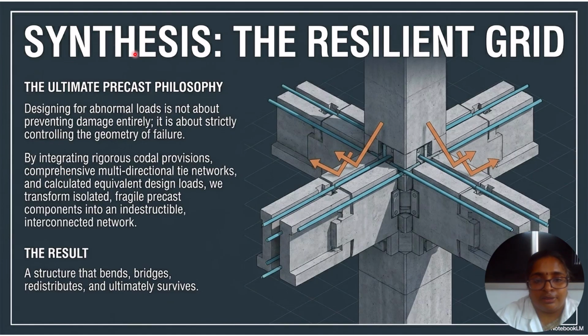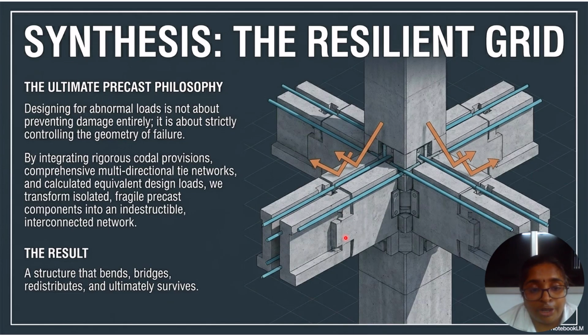And the resilience grid, the ultimate precast philosophy. Designing for abnormal loads is not only about preventing the damage entirely, but it is about controlling the geometry of failures by integrating rigorous codal provisions, comprehensive multidirectional tie networks and calculated equivalent design loads.